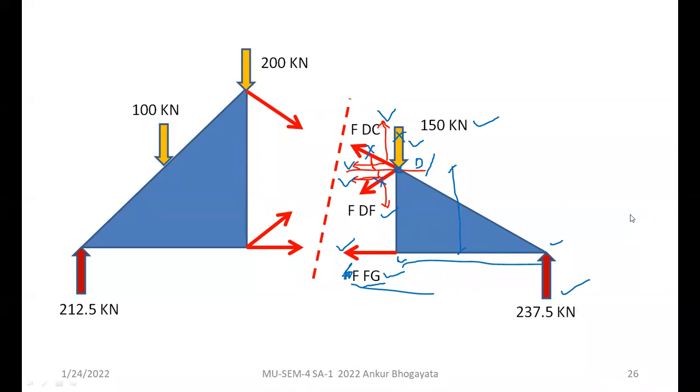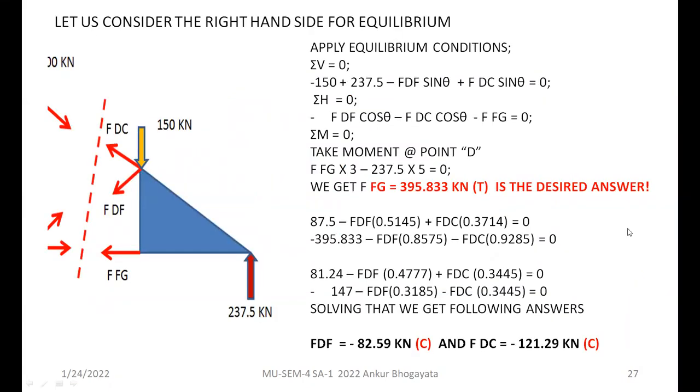Very well. So with a feel of dissatisfaction, let me change the slide, to be very frank with you. Here is the secret unrevealed, and Vishwajit is correct that the force in member FG is 395.833 kilonewton, which is in tension.